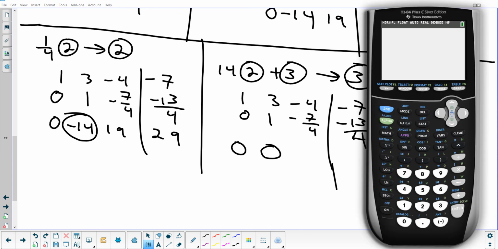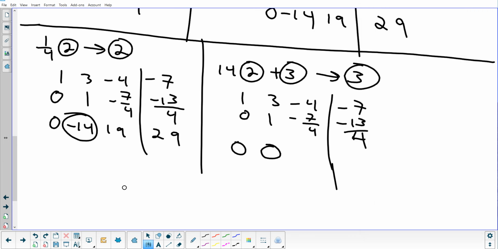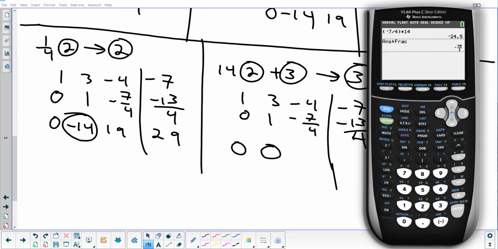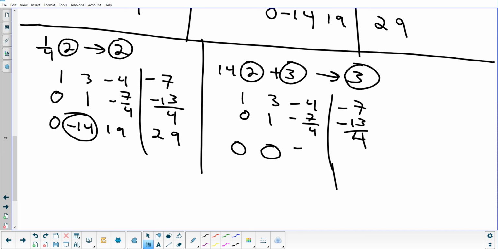Negative 7/4 times 14. I'm getting negative 49/2. Oh, and then we have to add. So negative 7/4 times 14, and then we're adding it to 19. It tells me it's a fraction, negative 11/2.